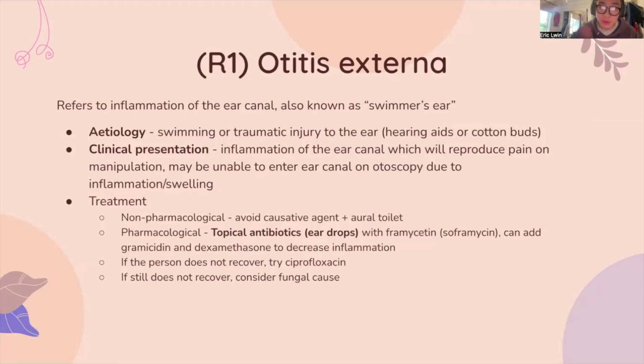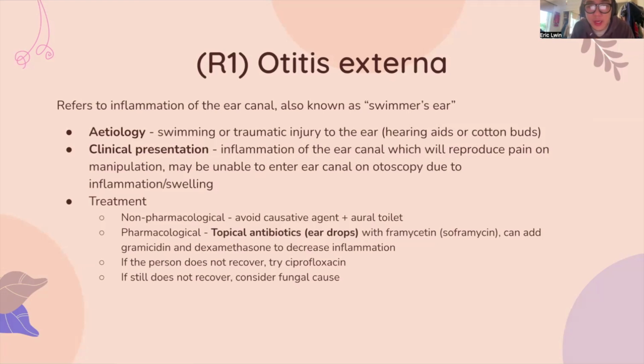This will be reproducible when you manipulate the tragus, or just the ear itself. You might just give them a tug on the ear, and since this shifts the position of the ear canal, this will reproduce their pain. You may be unable to enter the ear canal on otoscopy due to the degree of inflammation, swelling and pain that this causes.